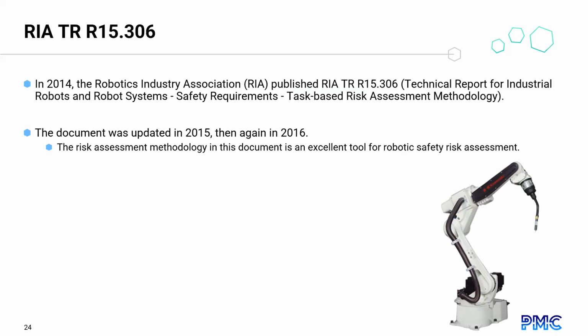This includes determining what the robot will be used for, hazard identification, risk analysis, risk estimation, and risk evaluation. Although this documentation is specifically for robotics, it can easily be adapted for use on other machine safety hazards, for example. It's not limited to robots.